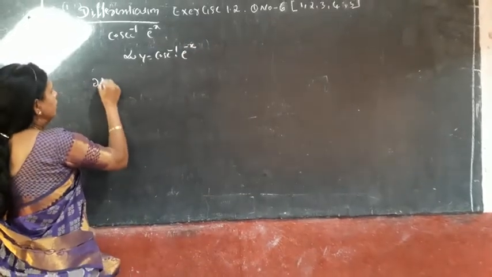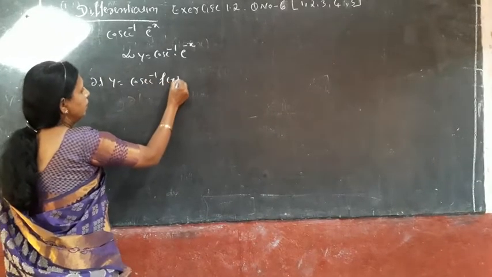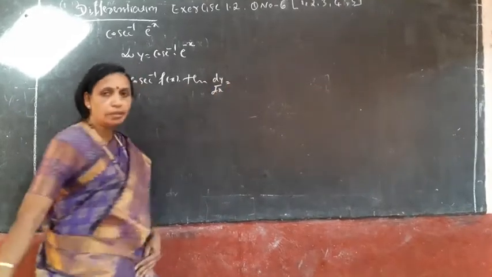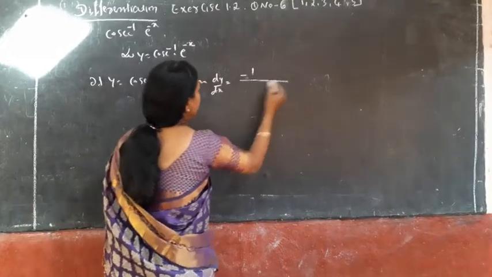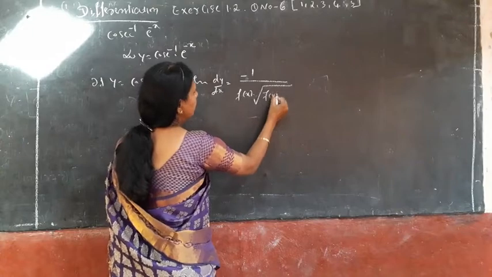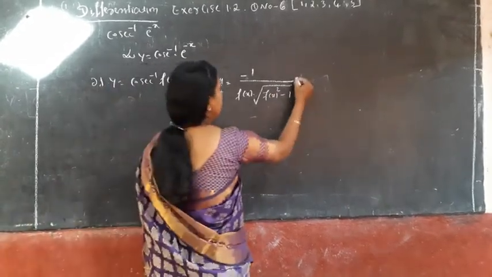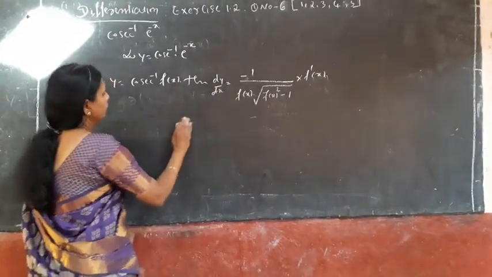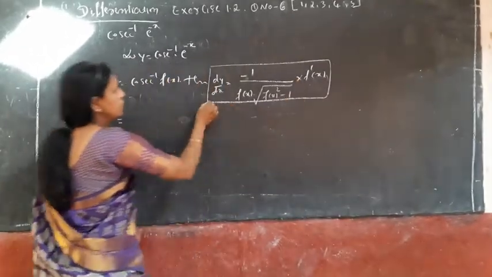We know that if y equal to cosec inverse f of x, then dy upon dx can be given by minus 1 divided by f of x square root of f of x raised to square minus 1 into f dash of x. Therefore, write here, this is the formula we are going to use here.